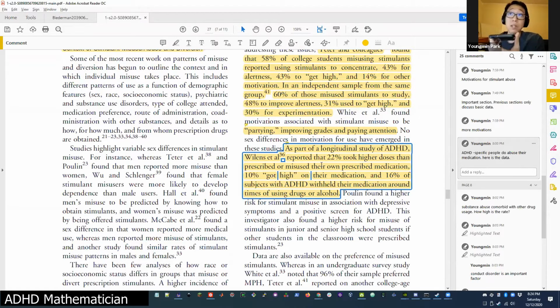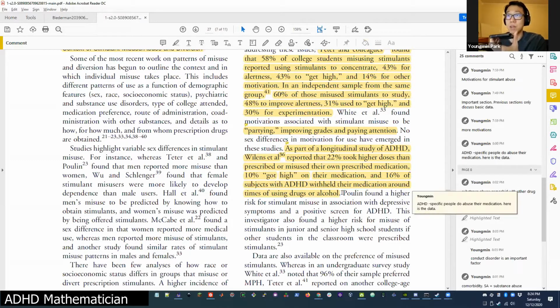And apparently 22% of people with ADHD who have medication will take a higher dose than prescribed, and they'll misuse their own prescribed medication, which is really unfortunate. 10% got high on their medication. That was the motivation for using it. And 16% of subjects with ADHD withheld their medication around times of using drugs or alcohol. So I assume that just means if they were taking other drugs, they would just put their medication on hold for the time being.